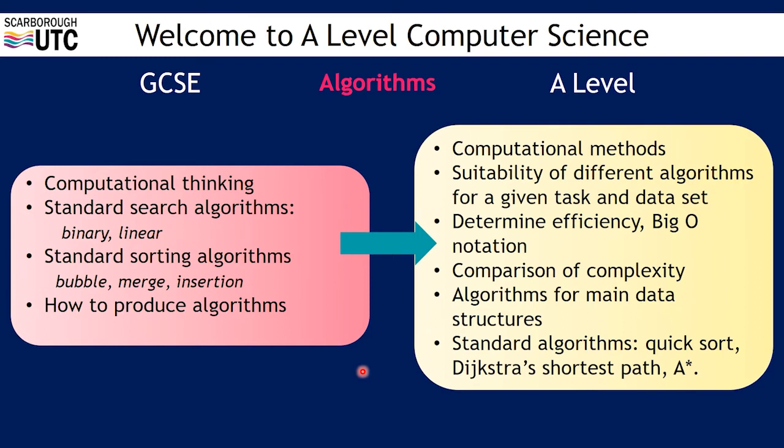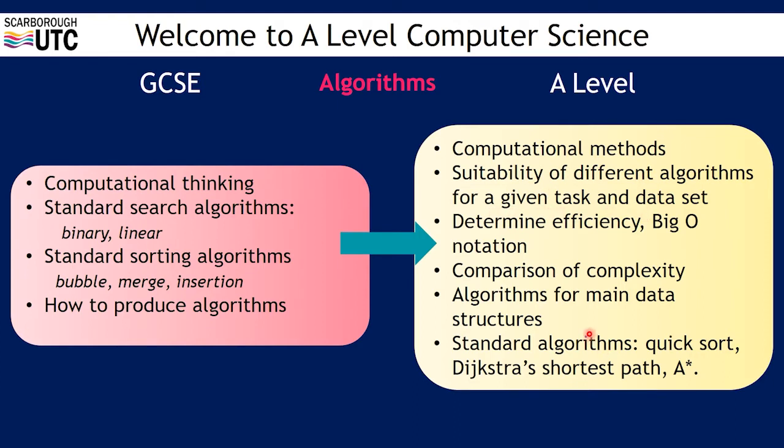You also need to know the algorithms for main data structures, okay, because you can use some of the data structures together with these algorithms, all right? So you can mix and match. And obviously computational methods is in more depth, and you need to know that for your programming project.